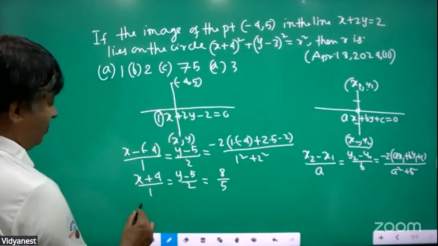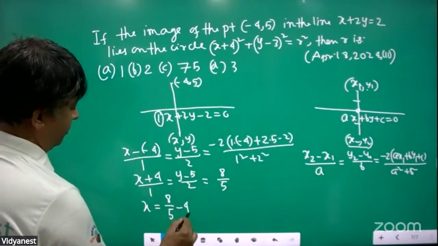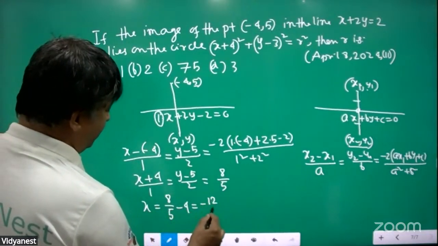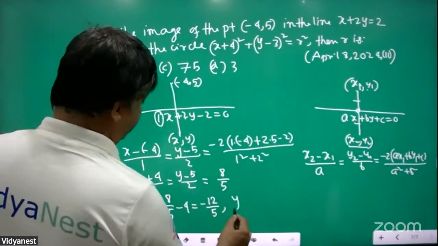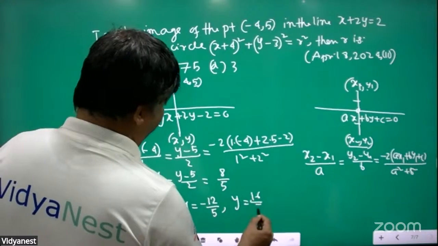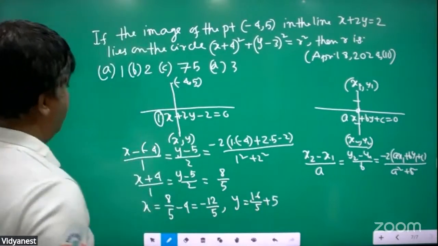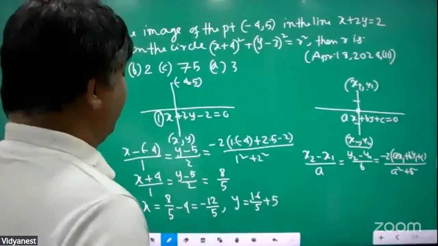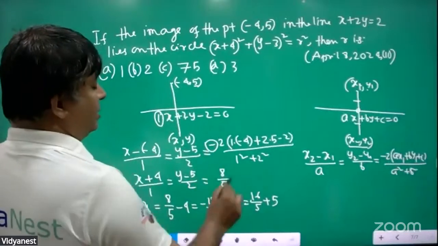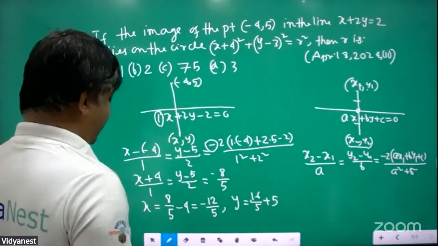So x is what? 8 by 5 minus 4, minus 12 by 5. Y is what? 16 by 5 plus 5. Hope there is no mistake of mine. Yes, one mistake already I have got. There is a minus sign I missed out. 10 minus 8 by 5.